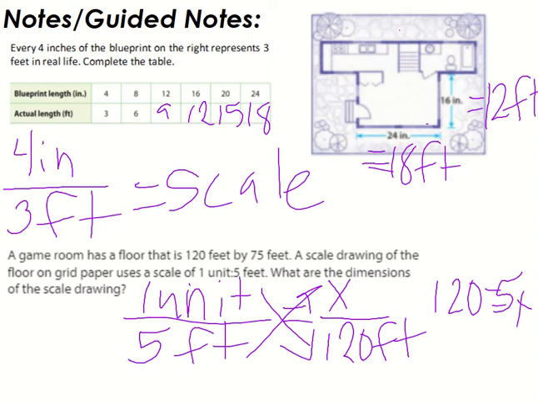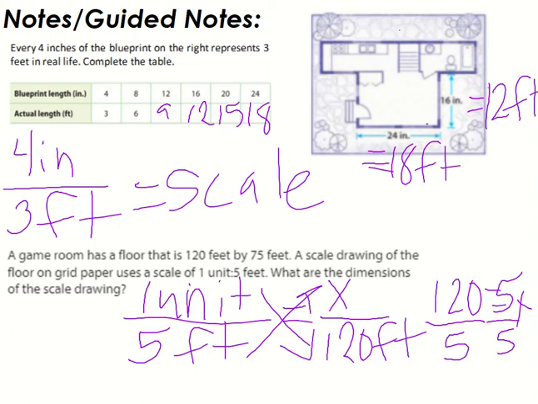I apologize, I'm drawing this with my fingers. So we're going to then solve this one-step equation. We're going to divide by 5. And if you notice, we're doing the same thing as what I said at the beginning. We're finding out what times 5 gets us 120. So it's the same process. The reason we use cross products more often is because that way, no matter what we get, we will always get the right answer.